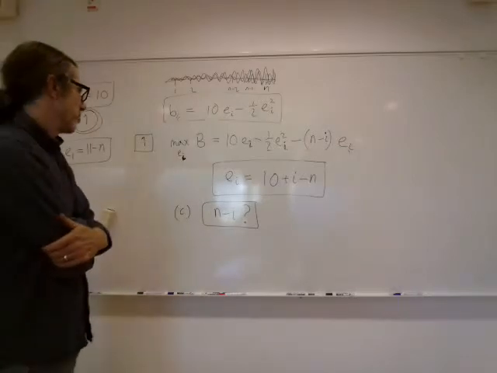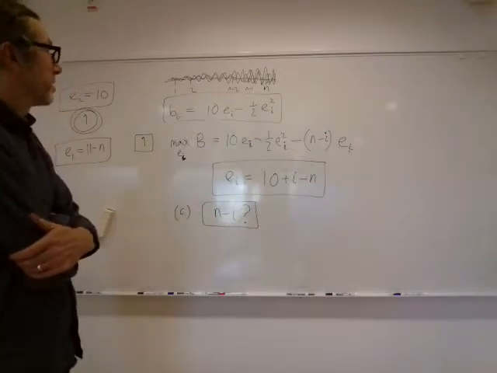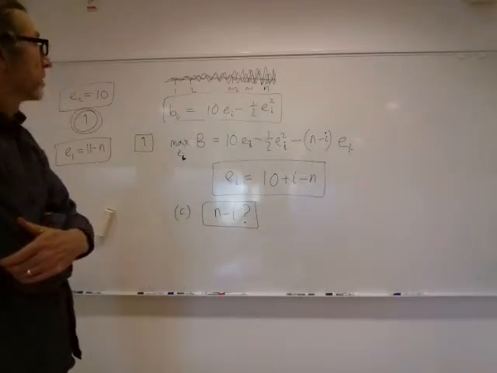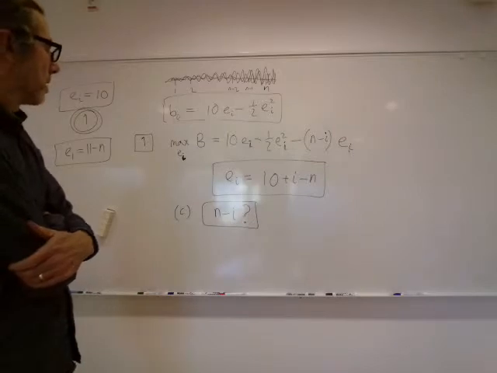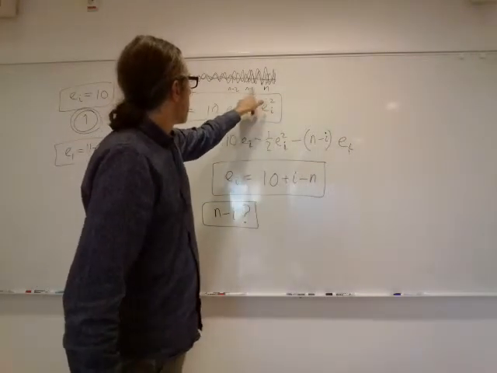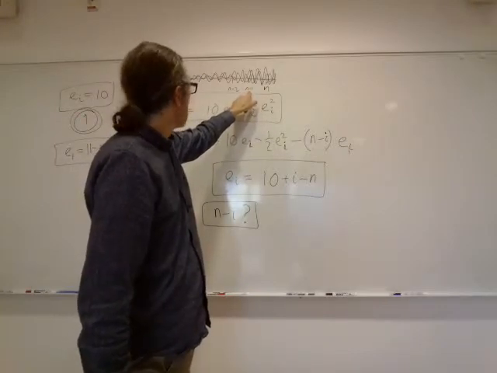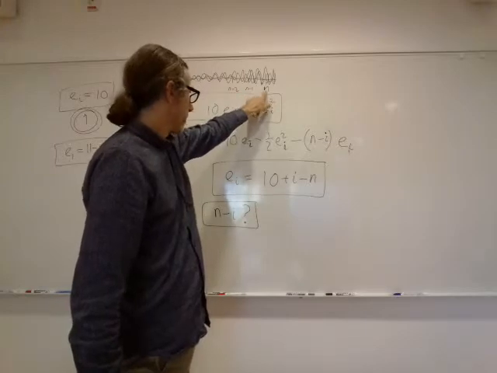So if n is 2, then total damages, if n is 2, then country 1 is only affecting country 2.